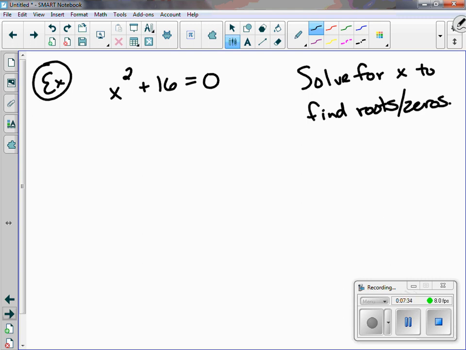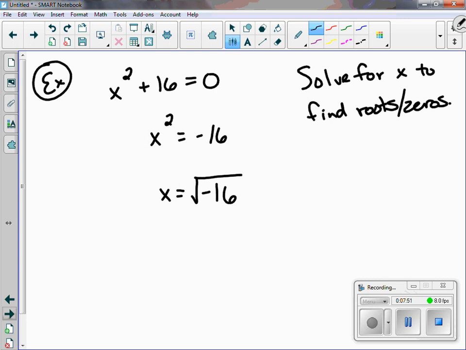So algebraically here, I'm going to move that 16 over, so x squared equals a negative 16. Well, to get rid of a square, I have to take the square root. And that's where my imaginary numbers come into play.